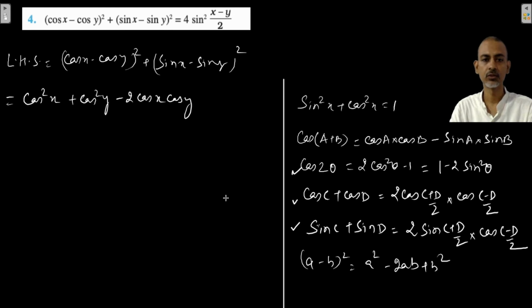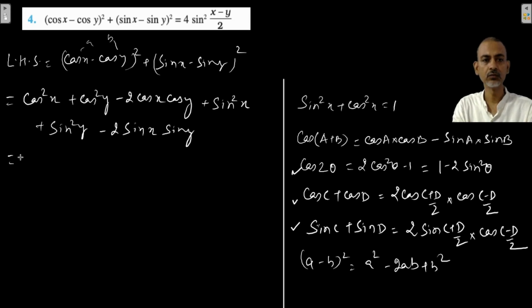This is a, this is b, so I have a square plus b square minus 2ab. Similarly, this is also (a minus b) whole square, so we will expand it and have sin square x plus sin square y minus 2 sin x sin y.